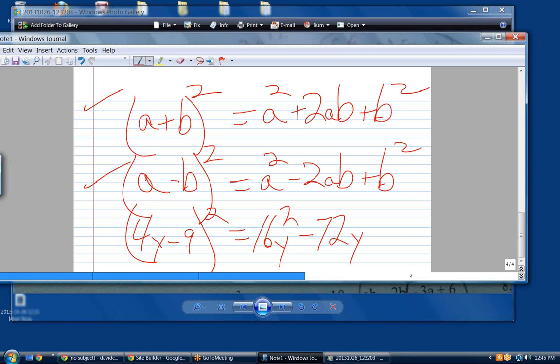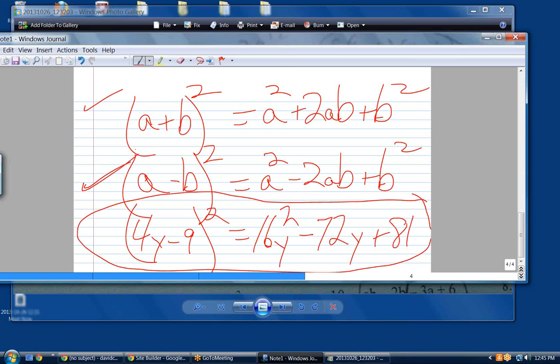In other words, 2 times 9 times 4y. That's 72y, negative. The last term is 81. If you have that memorized, you don't have to FOIL it. You can immediately put the final expression without having to simplify.